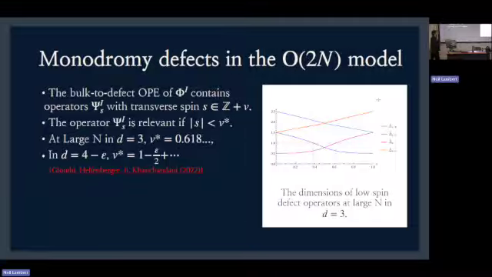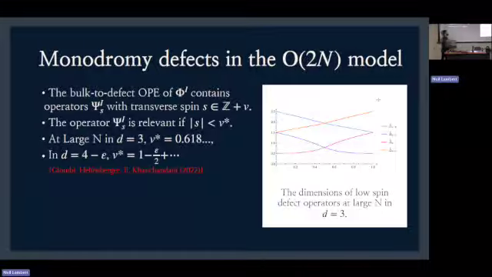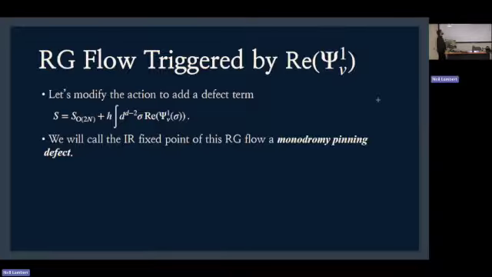And we know what this threshold is at large N in 3 dimensions and also in 4 minus epsilon at any N. So the idea that we had essentially was, what if we look at the RG flow triggered by this operator and see what CFT we can get in the IR of that flow? So we add to our action some coupling times the real part of that integrated along the defect, and we call the thing that we get a monodromy pinning defect.